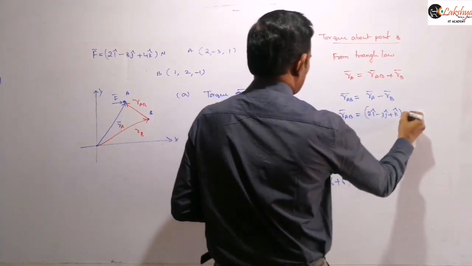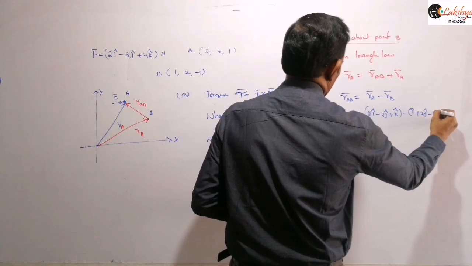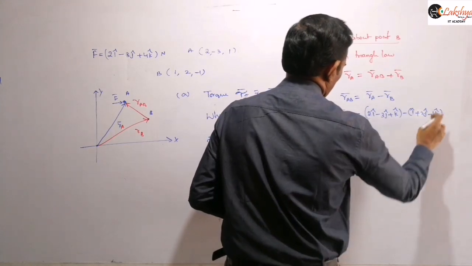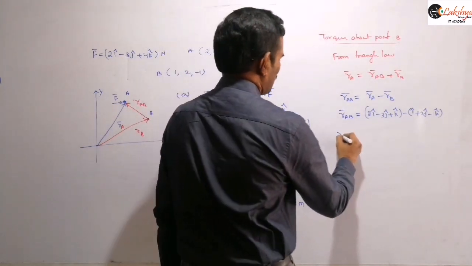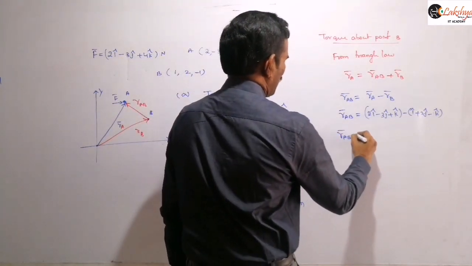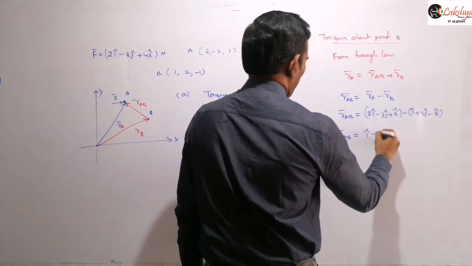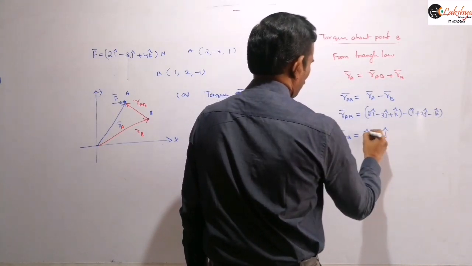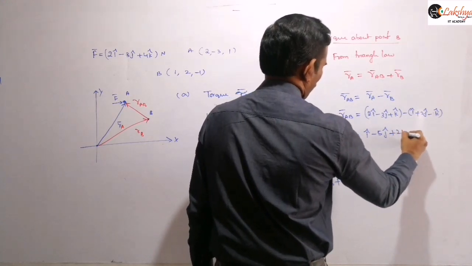That RB bar is nothing but i cap plus 2j cap minus k cap. So right, that is that vector. You can simplify this: RAB bar is equal to i cap minus 5j cap, and this is plus 2k cap.